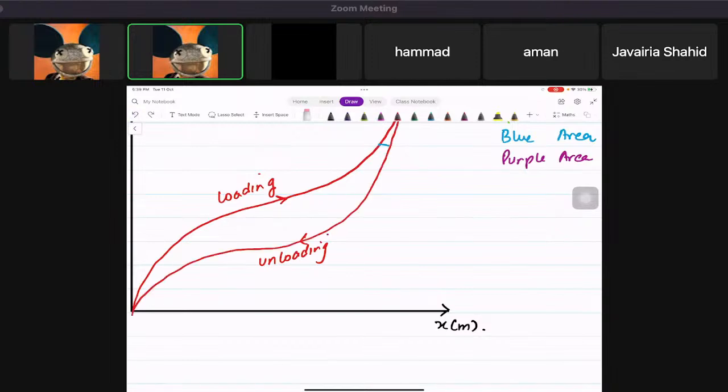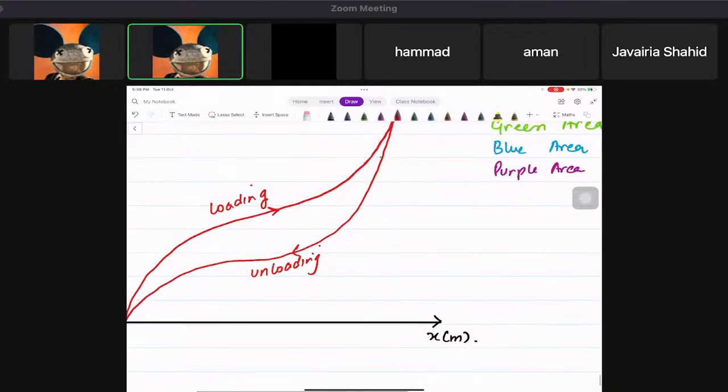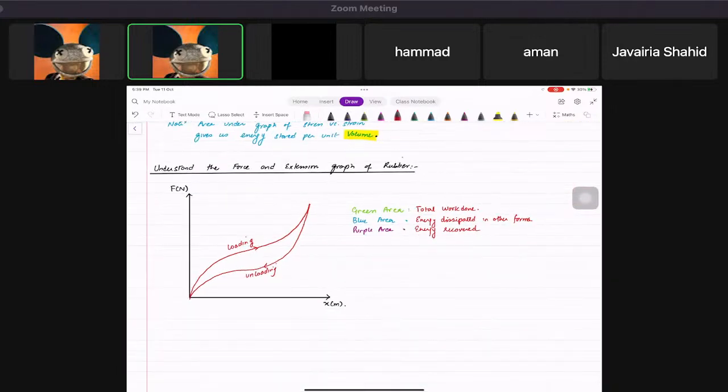Okay, so the green area is this whole part. Okay, Aisha?